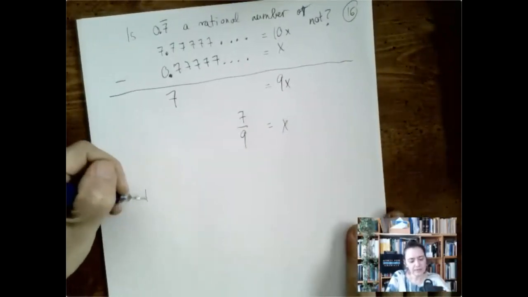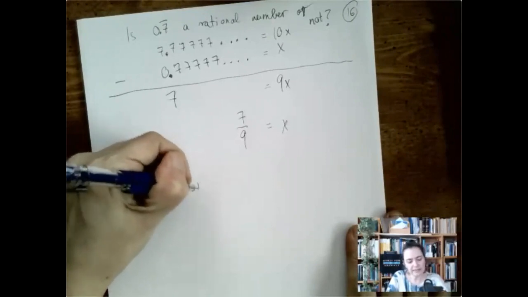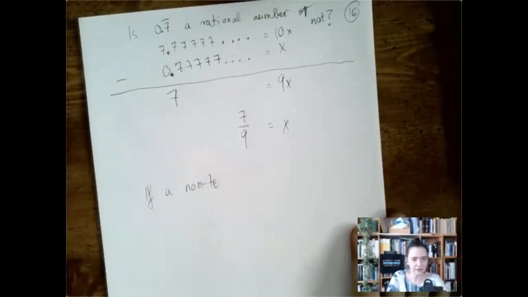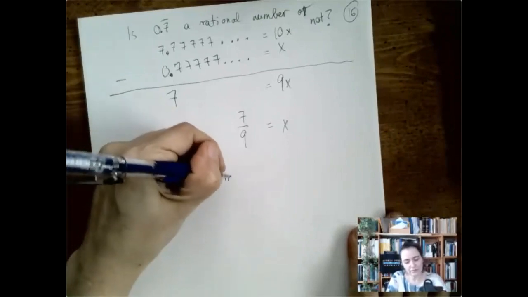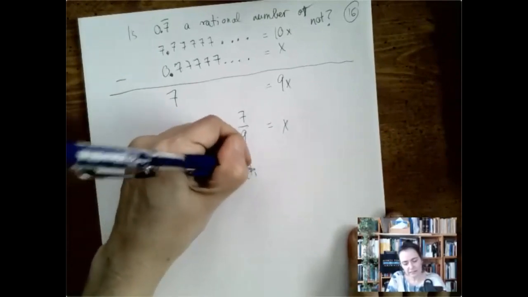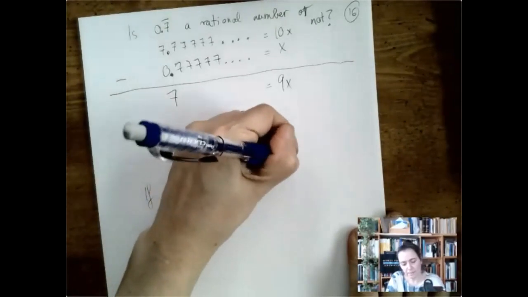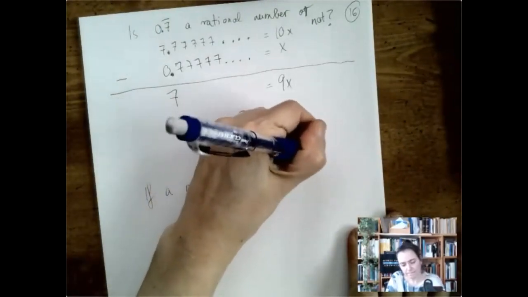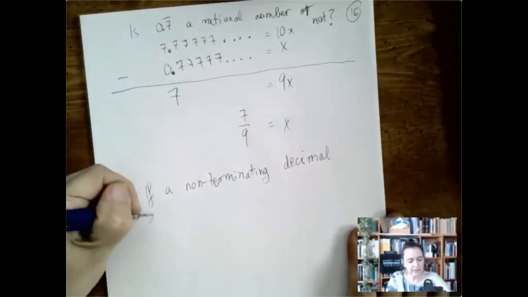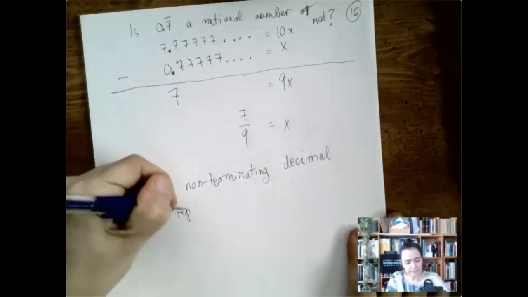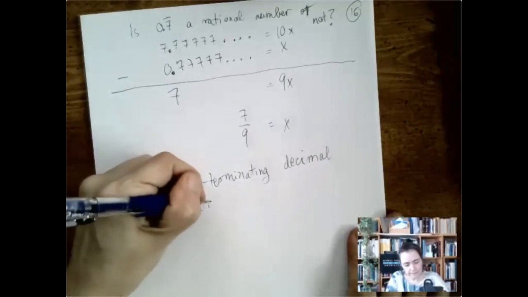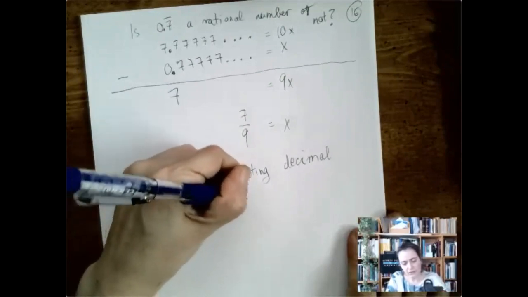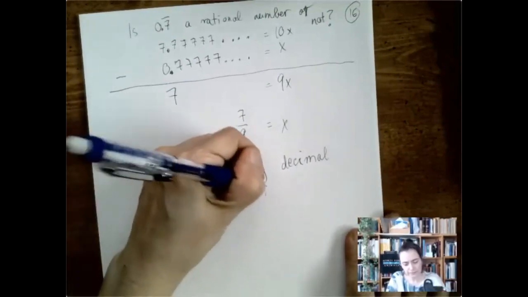If a non-terminating decimal, and you understand non-terminating, there is no last digit, there is always another one. If a non-terminating decimal is repeating, then it too represents a rational number.